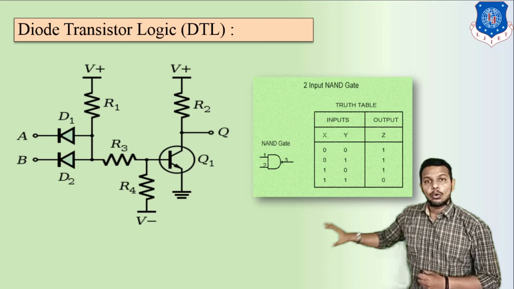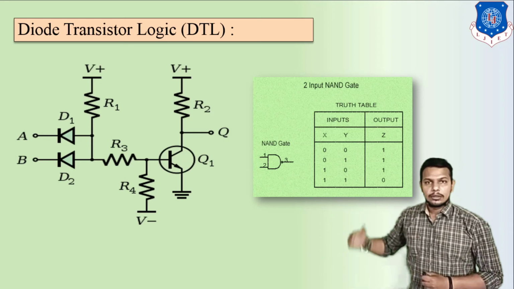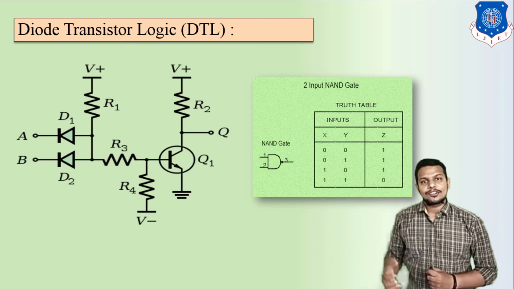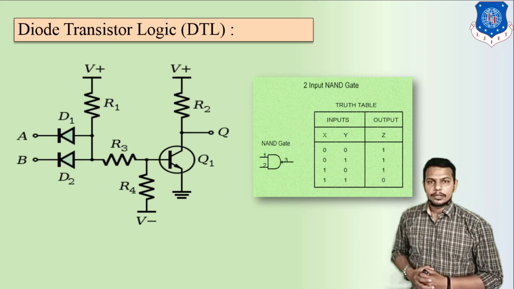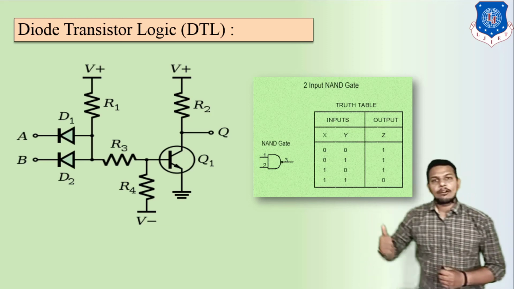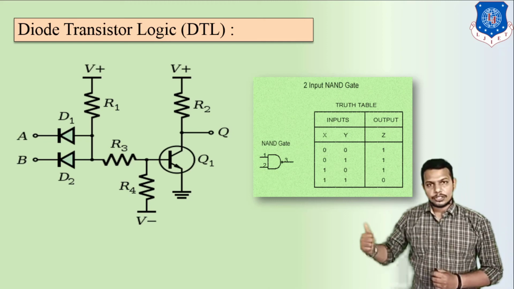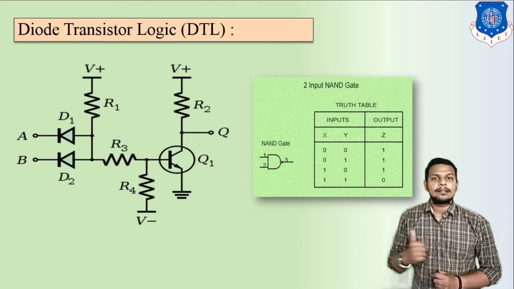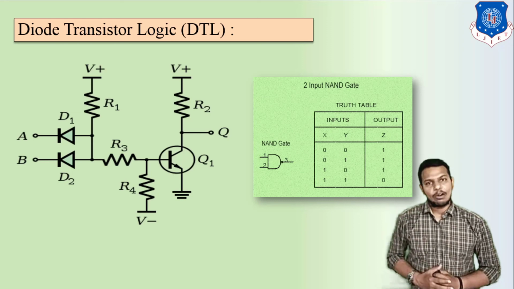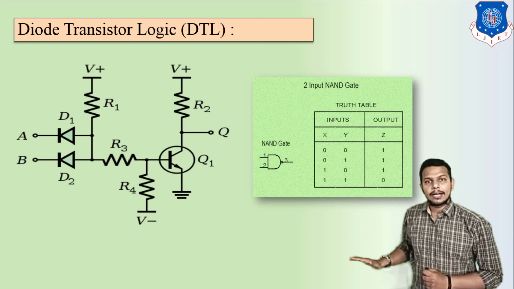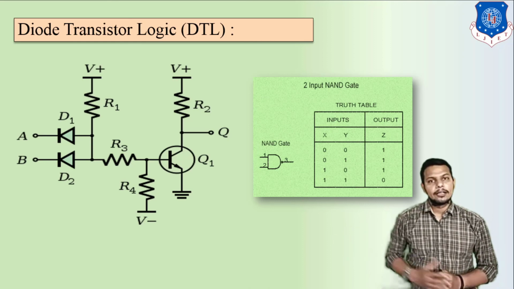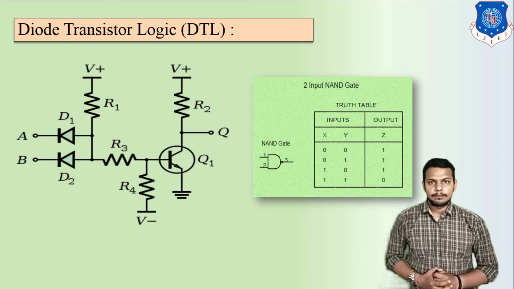So this is the whole explanation of DTL, diode transistor logic, using the NAND gate. If we have the possibilities 0 0, 0 1 and 1 0, then you will get 1 at the output side. And if you apply 1 1 at the input side, you will get 0 at the output side.